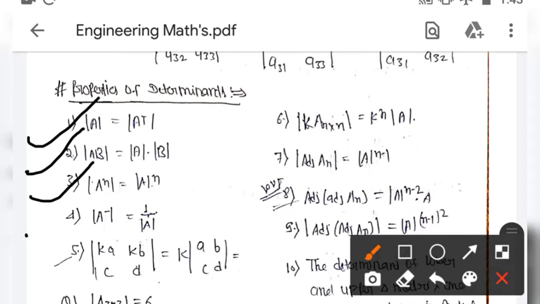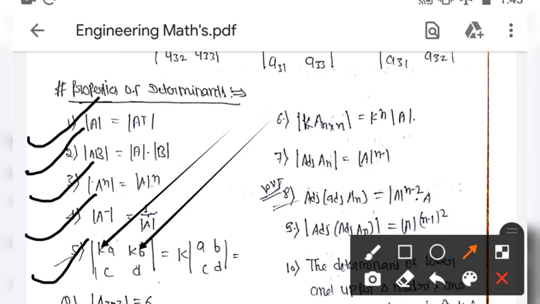Okay, then the determinant of A inverse is equal to 1 by the determinant of matrix A. Next property: K is a scalar constant here, in Ka and Kb.